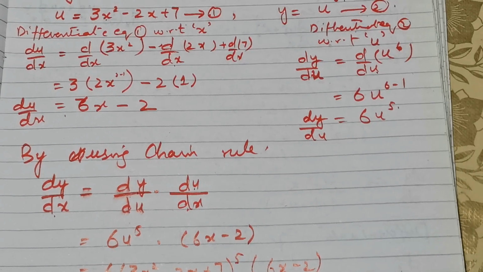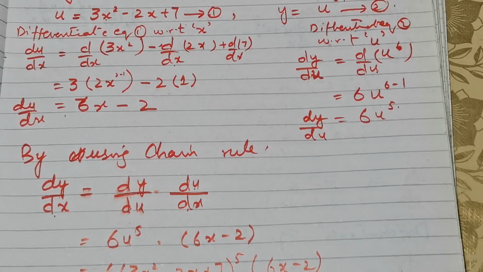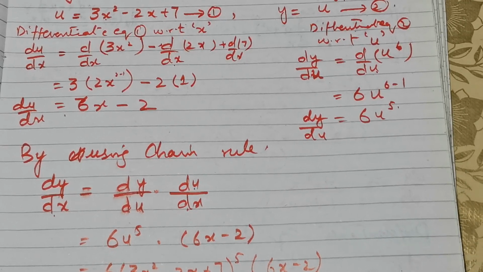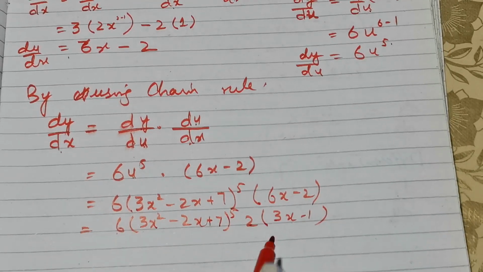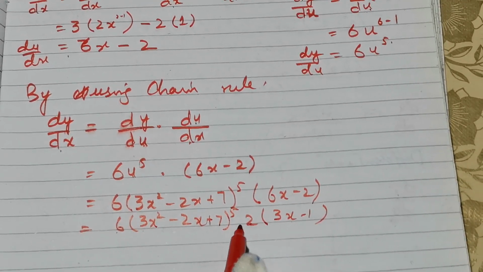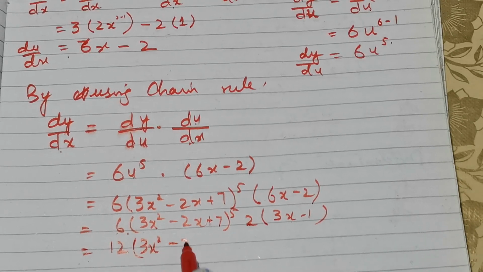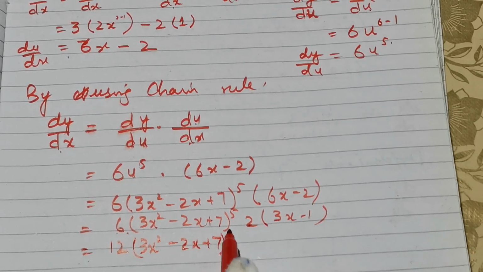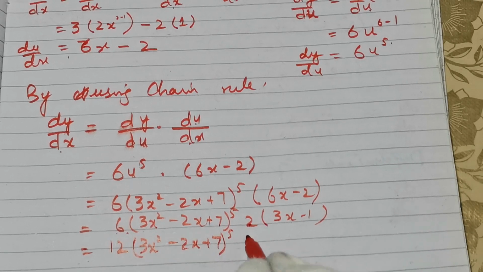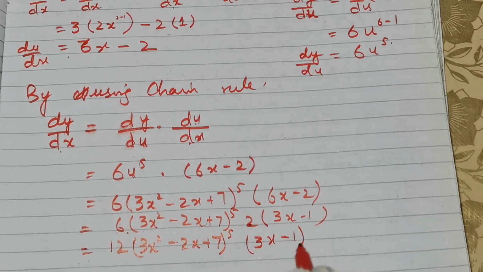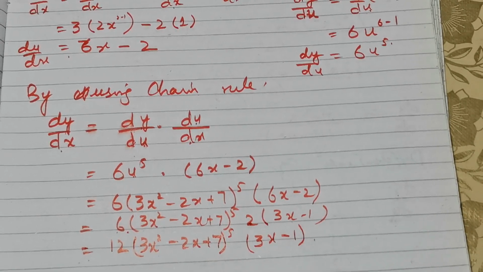Now we will take common 2 from 6x minus 2, giving 2(3x minus 1). There is no sign between, so 2 multiplied by 6 is 12. So 12 (3x square minus 2x plus 7) whole raised to power 5 times (3x minus 1), which is our required answer.